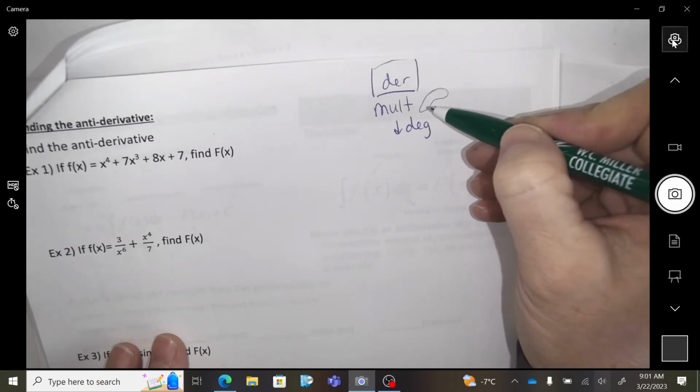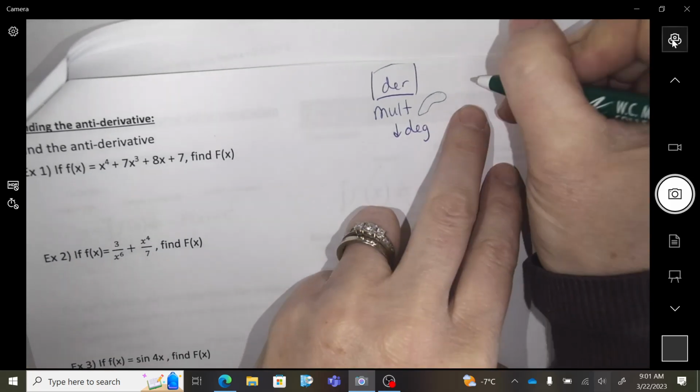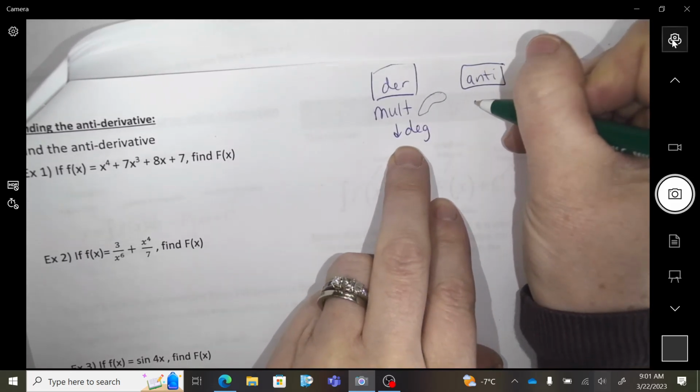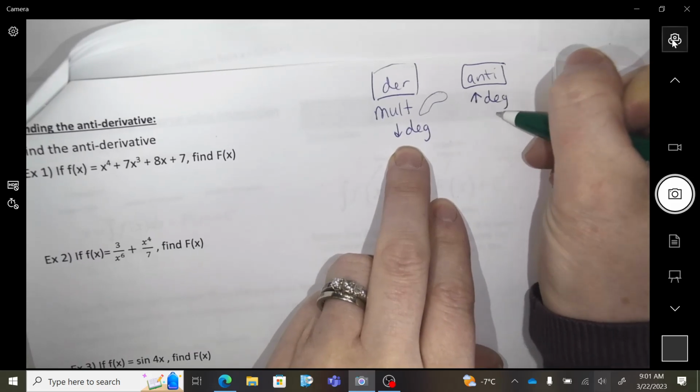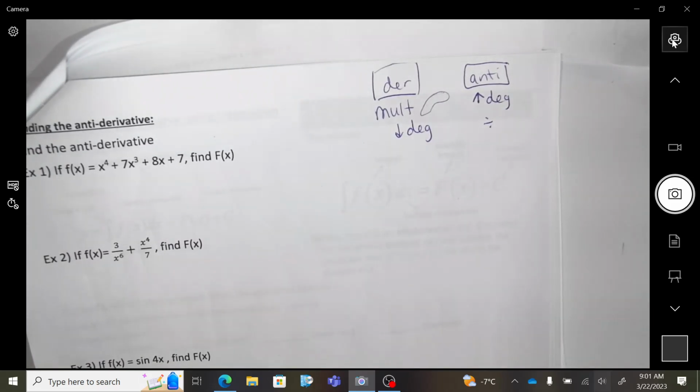We multiplied the front and the top. That's what we did. And then we went down a degree. So we're going to antiderive. And to do that, we're going to go first up a degree, and then we're going to divide. Okay, that's how you work backwards, right? Backwards, opposite.